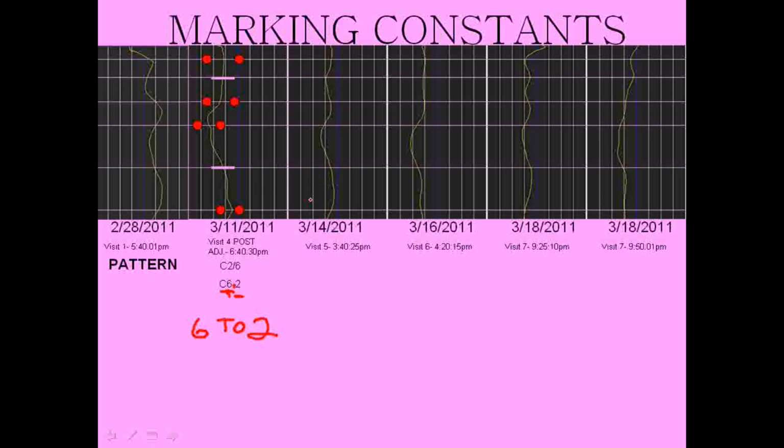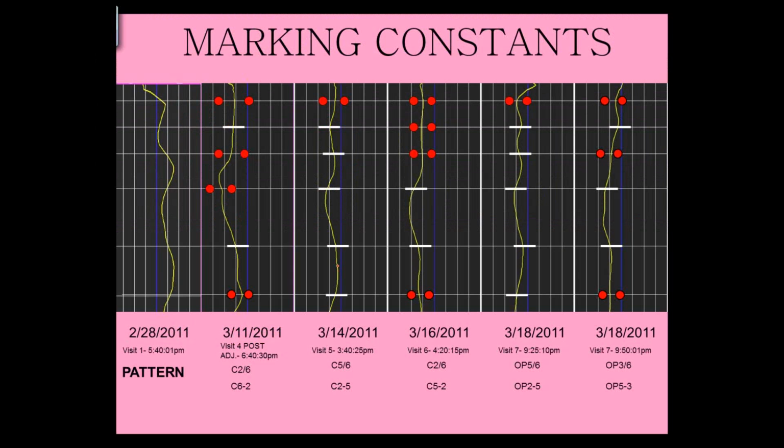So if we look at the next reading, we see this reading has 5 constants, so it has 5 of 6 constants, and it went from the previous reading, which had 2, and now we have 5 constants.